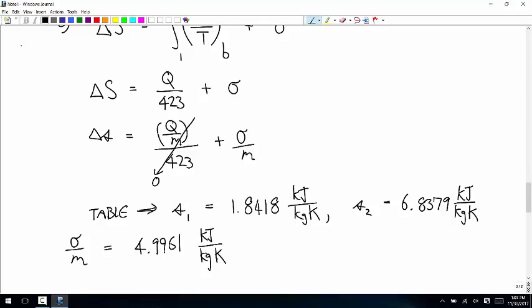Every time heat goes from your ideal super hot reservoir to your ideal super cold 0 Kelvin reservoir, you're messing up your most efficient possible case.